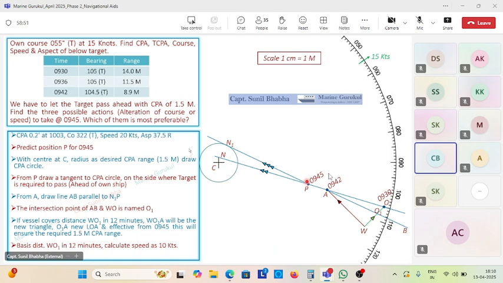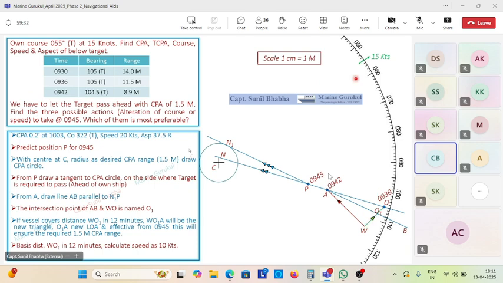So this gives us our first option, that is the reduction of speed by own ship. So instead of WO, if we cover a distance of WO1 in 12 minutes, we will be able to attain or achieve a CPA of 1.5 miles. Now we measure this distance WO1 using our scale. So basis this distance WO1 in 12 minutes, we interpolate and calculate the required speed, and the required speed comes out to be 10 knots.